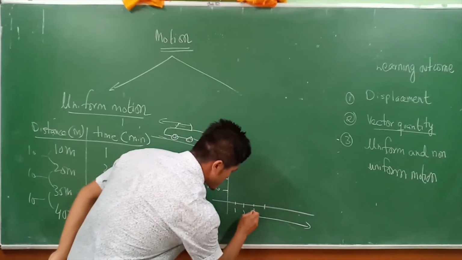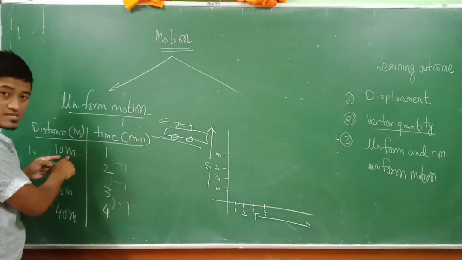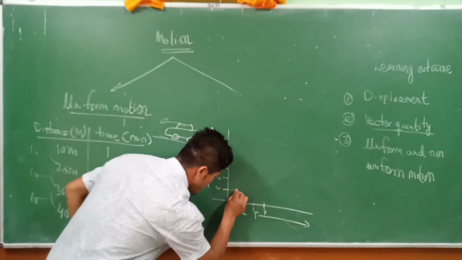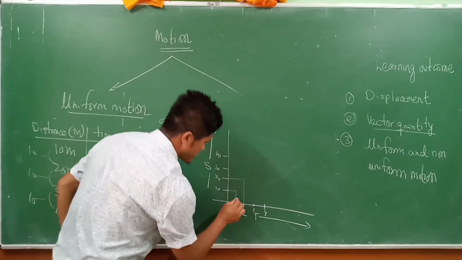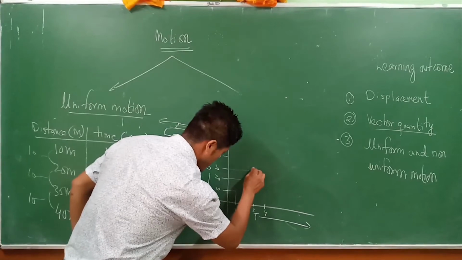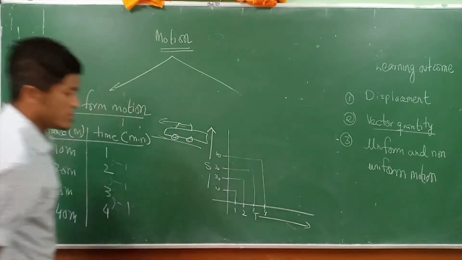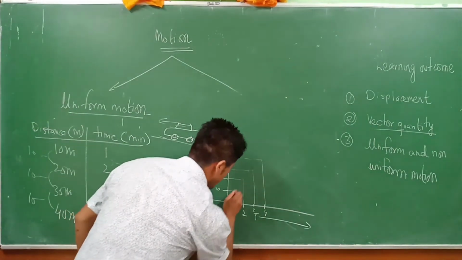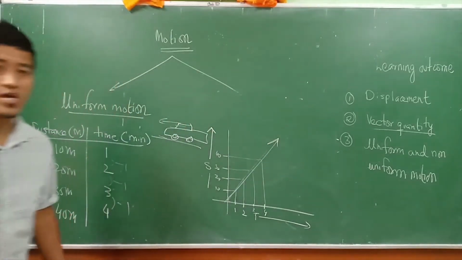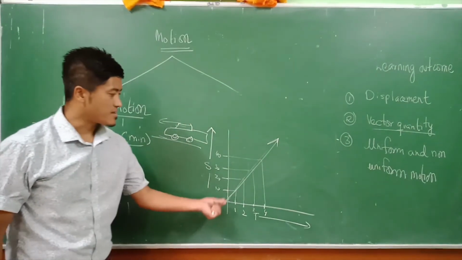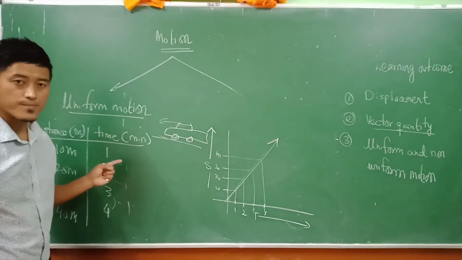So in 1 minute it is traveling 10 meters. In 2 minutes it is traveling 20 meters. In 3, 30, in 4, 40. What you will come to know is that when you join all of this, you will get a straight kind of graph. Whenever you get a straight kind of graph, we call this kind of motion uniform motion.